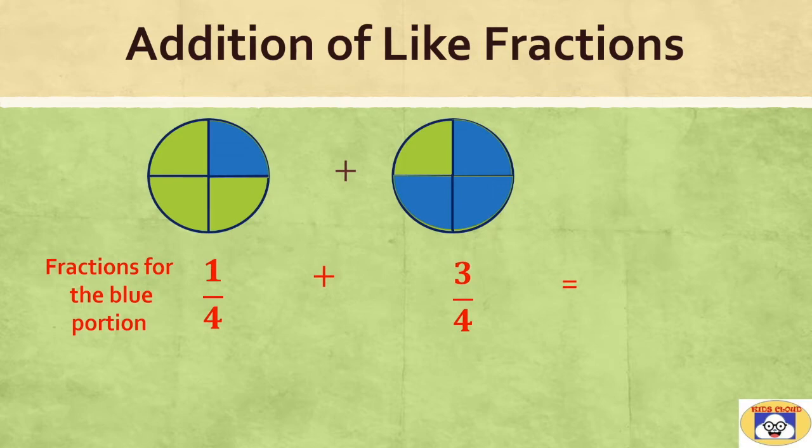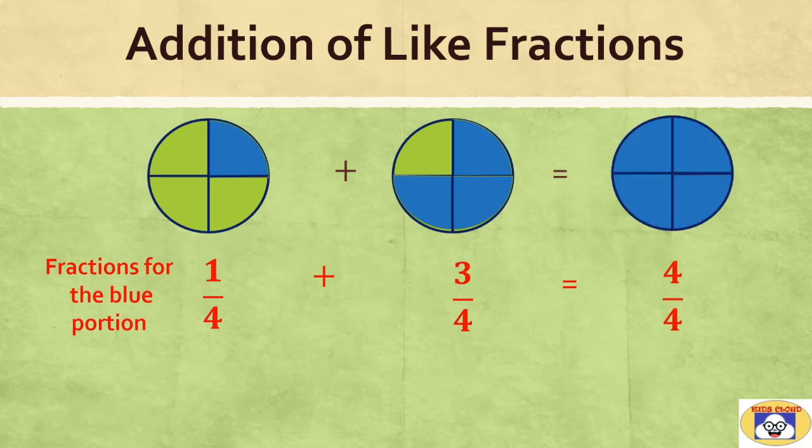The resultant fraction will retain the same denominator 4. The addition of numerators 1 and 3 will give the fraction 4 by 4. It reduces further to 1. Thus, addition is simple in like fractions.